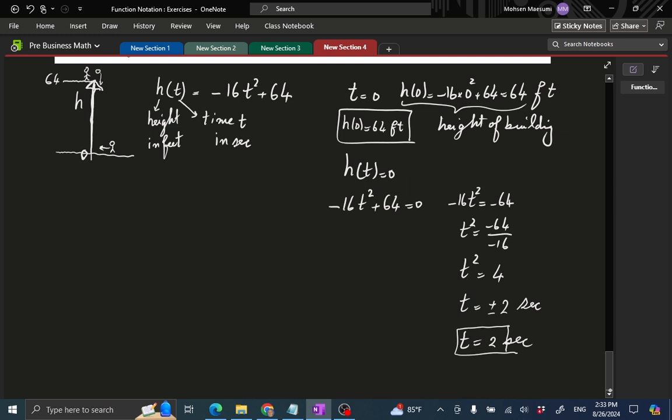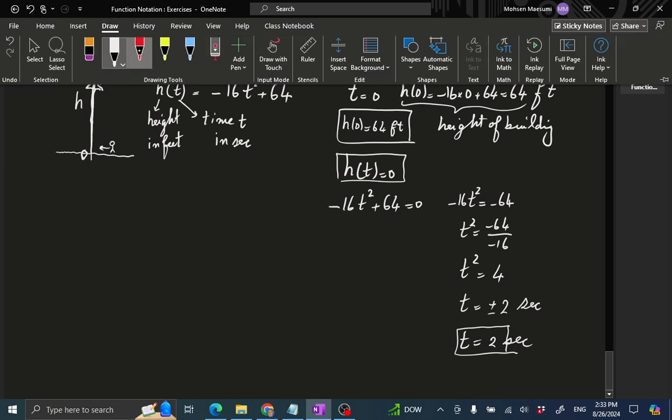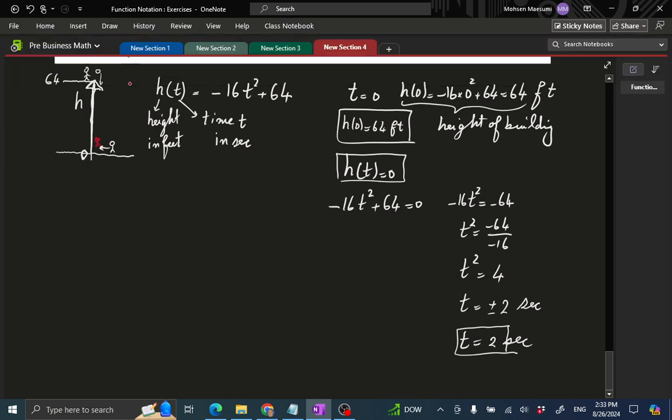Now the question is, what does this mean? Well, what do you mean that h(t) is 0? Remember, h was the height. So when it is 0, it means you have impact. So the water balloon that you dropped actually does hit me.